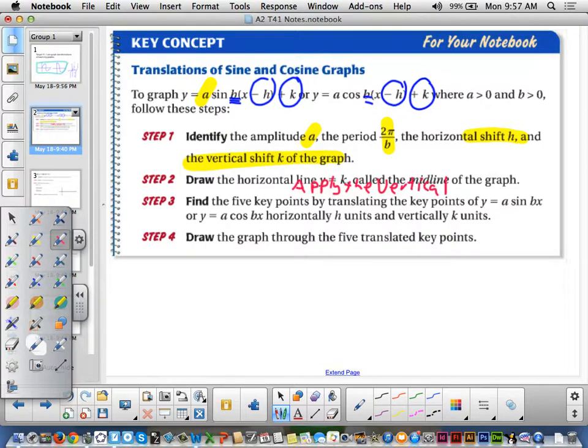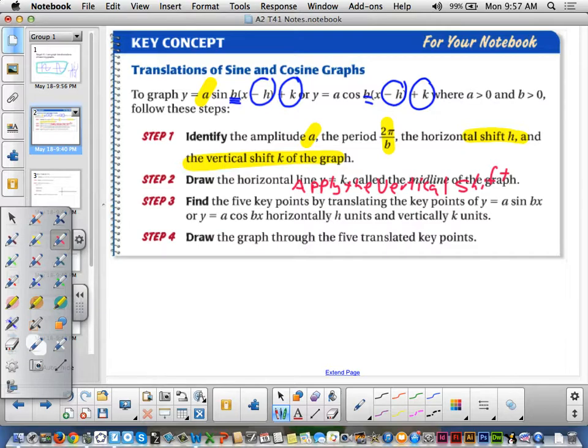This will give you the midline of the graph, or what some people call the equilibrium line. All right, then you're going to find your 5 key points by translating the key points of your basic sine graph with your vertical shift, or adding your h to each of your key points.